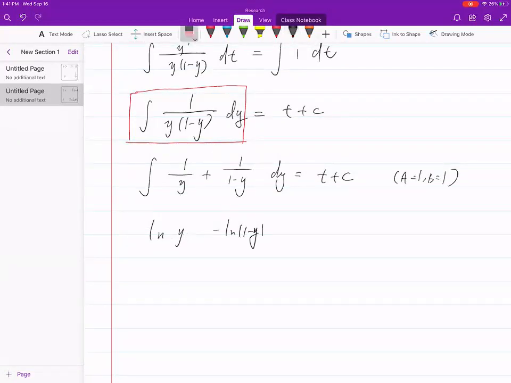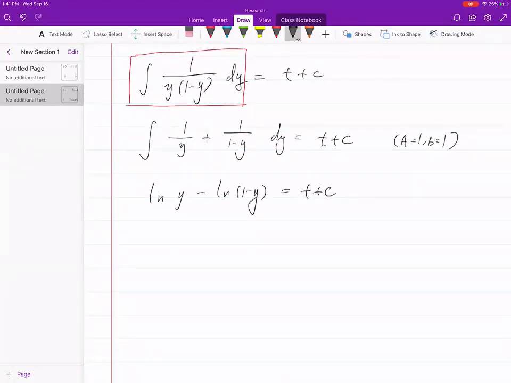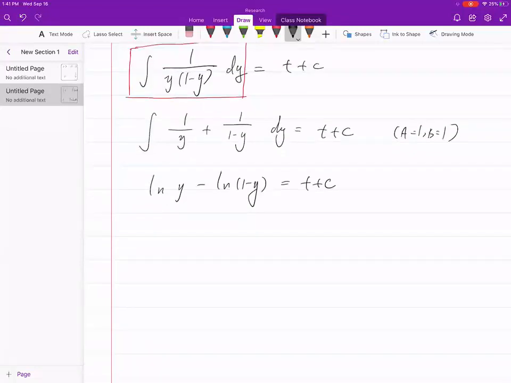From now on, I'm just going to omit this absolute value because we usually know what we're dealing with. Okay. We're not done. I want y equals something of t. Then the question becomes how to solve for y.